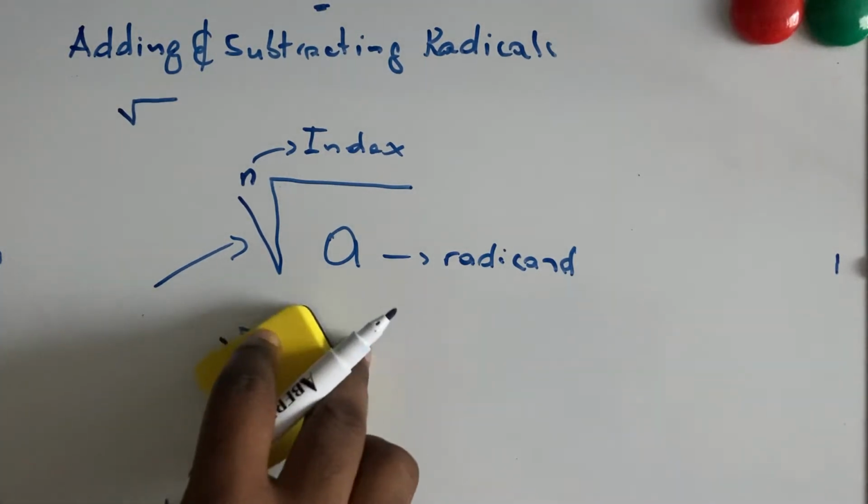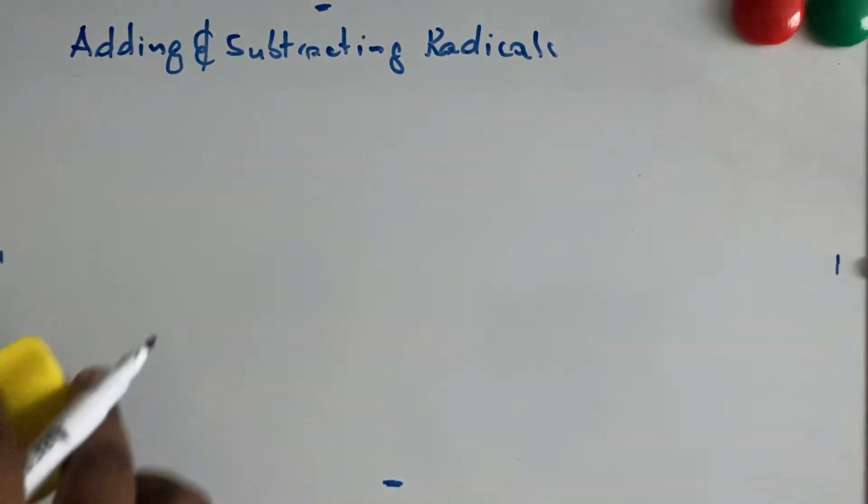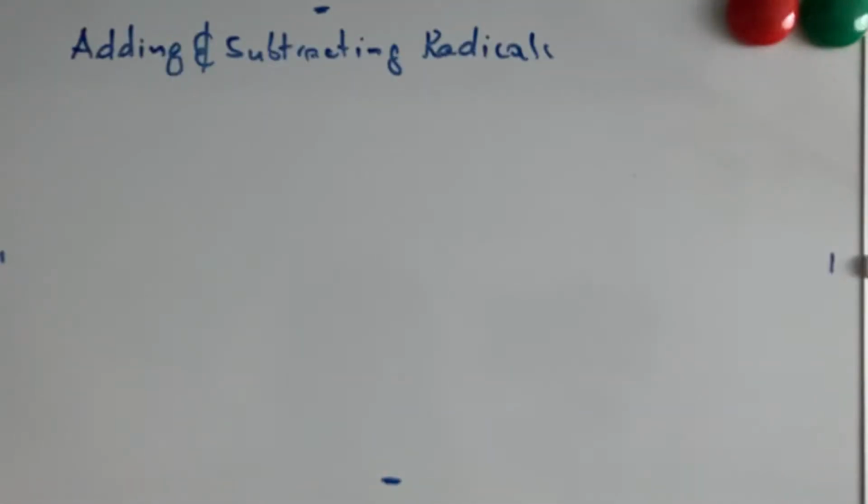One thing to know is that anytime you're adding and subtracting radicals, you should be thinking of the addition of terms. You basically use the same principle to add terms.